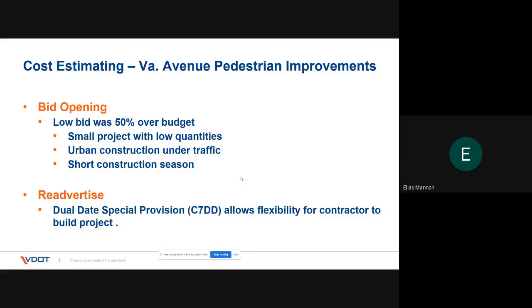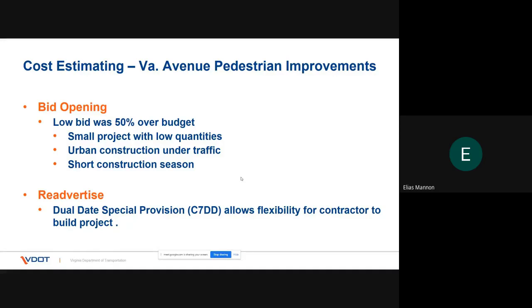We re-advertised the project in July, and the bids will be opened at the end of August. But the major change that we made was that we incorporated the C7DD. It's a dual date special provision that allows the contractor to identify a window of time that they will construct the project.